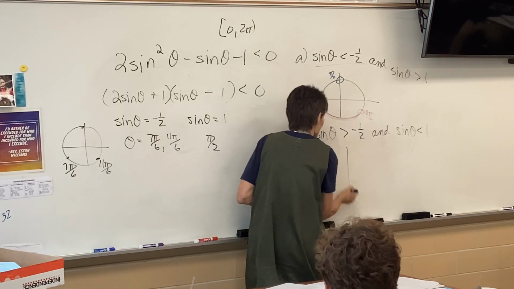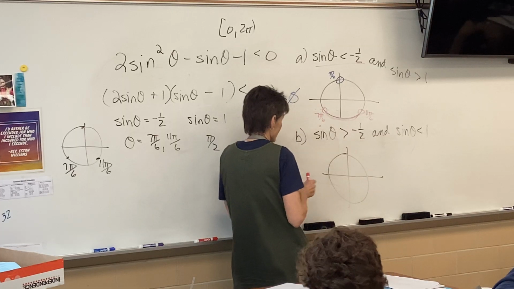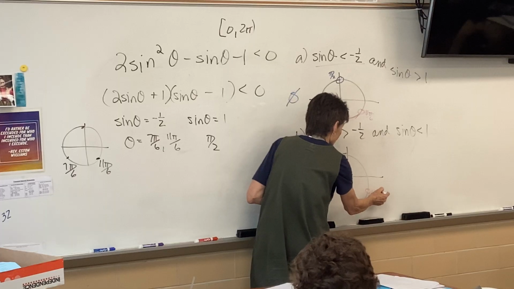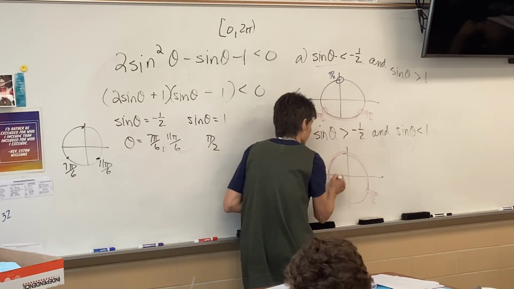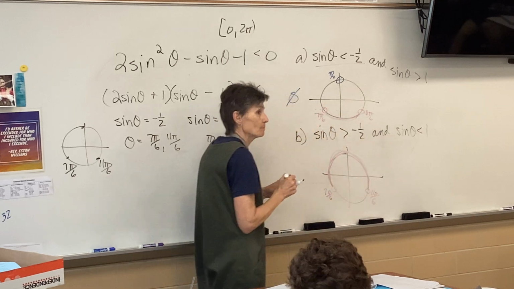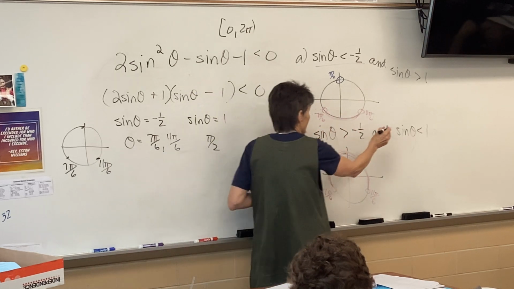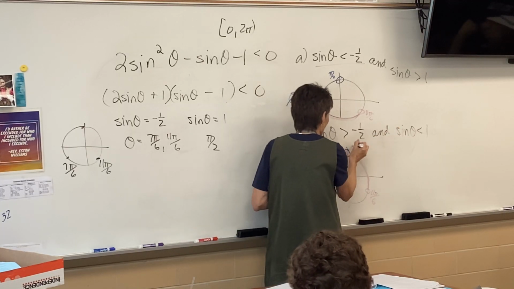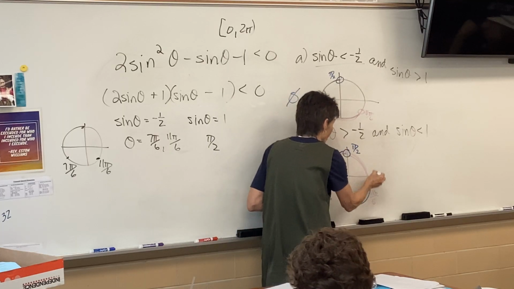Alright, dots are in the same place. So my pink dots, 7 pi over 6, 11 pi over 6. This time I'm shaded above. Blue dot is at pi over 2, and I'm shaded below.